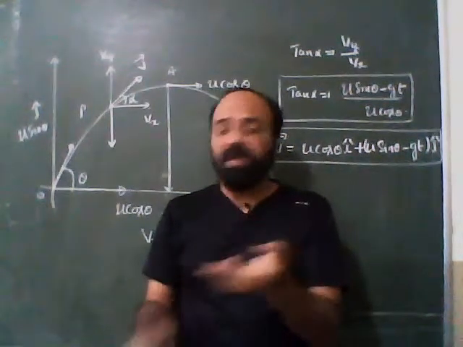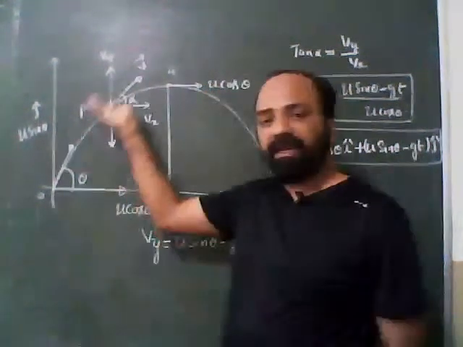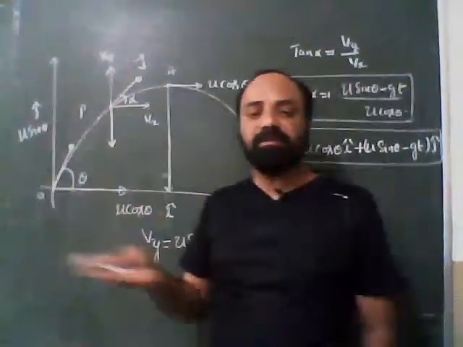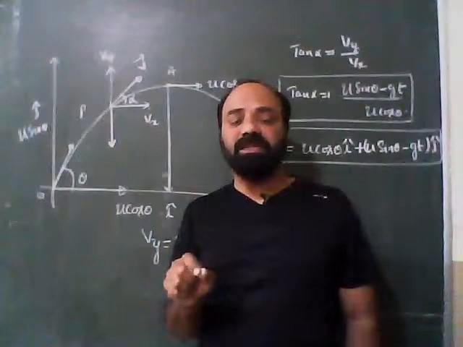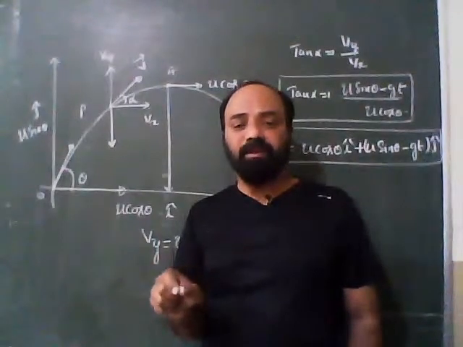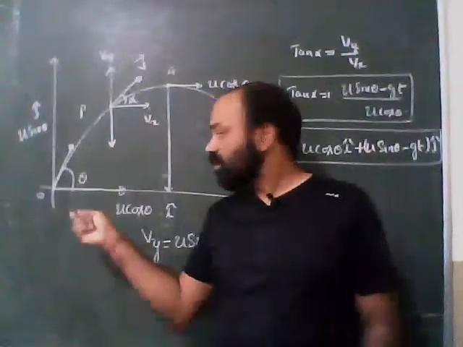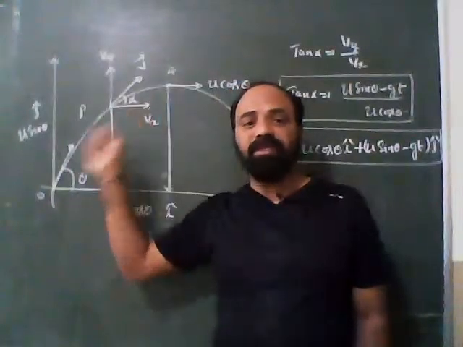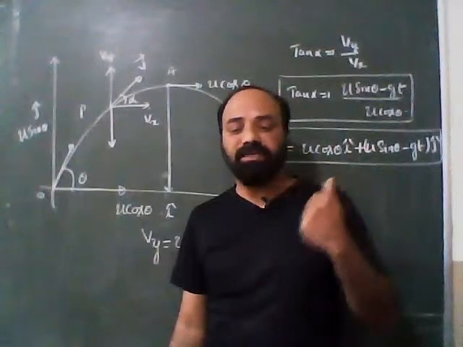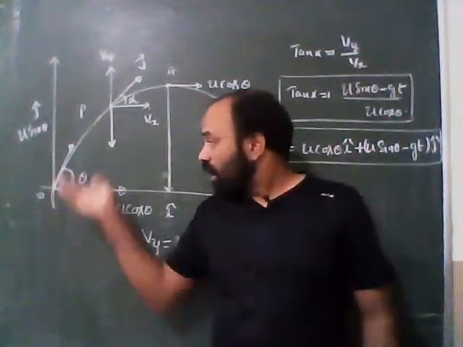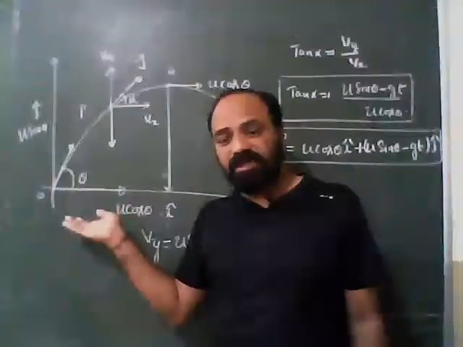So here, height increases. Just now we learned potential energy is the energy gained by the body because of its position. Height increases means potential energy increases. Height decreases means potential energy decreases.